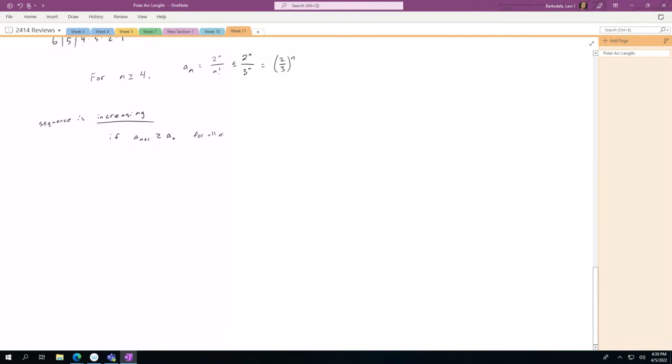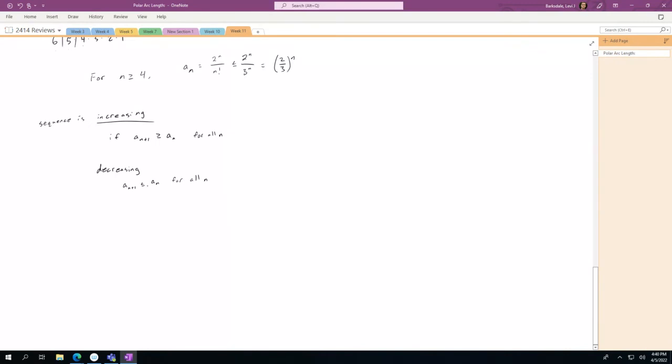And we say that it's decreasing if each term is smaller than the one that came before it. We say it's strictly decreasing if we don't allow this equal sign in it as well. And we say that the sequence is monotonic if it is either increasing or decreasing.